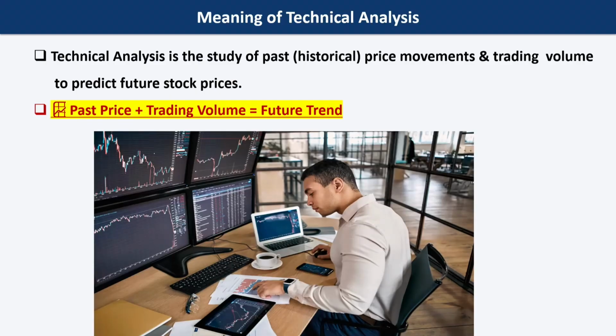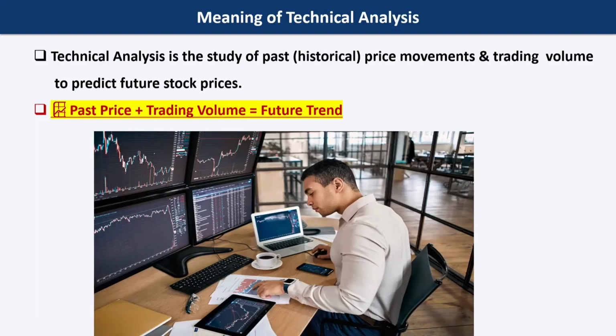Suppose I asked you whether tomorrow Hyderabad will receive rain, we generally look at the weather forecast based on past weather data. Similarly, in the stock market, technical analysis studies past price movements, meaning how the price was in the past period, and trading volume, meaning how much trading happened in the market, to estimate the possible future direction of prices.